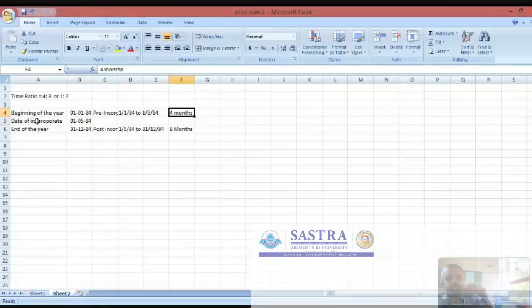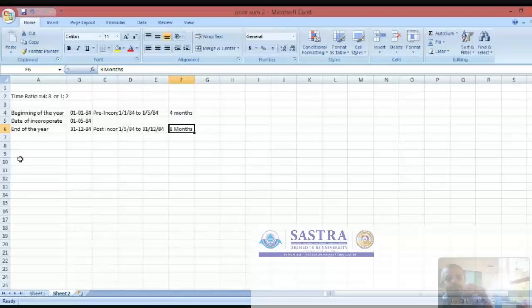Then date of incorporation to end of the year is the post-incorporation period, 1/5/84 to 31/12/84, which is 8 months. So 4:8, that is 1:2, is the time ratio.